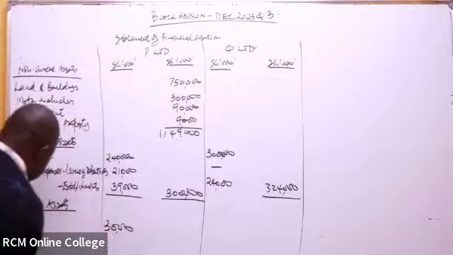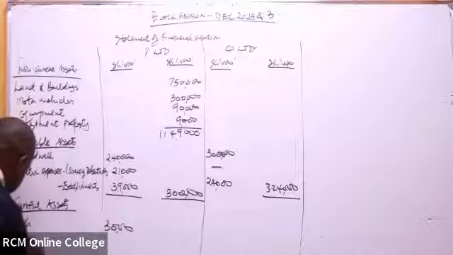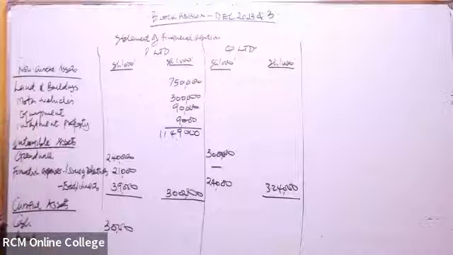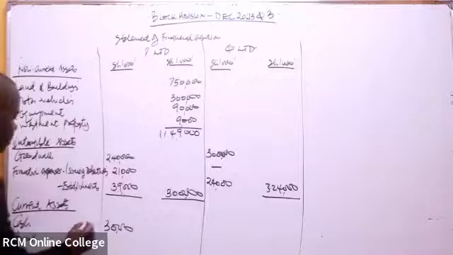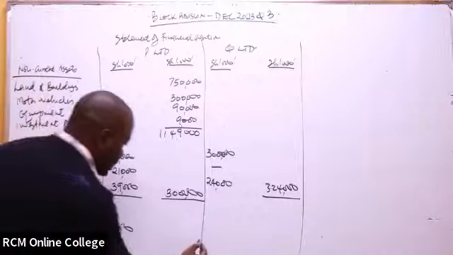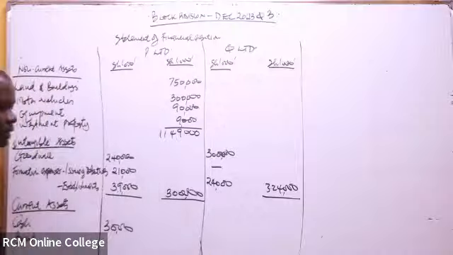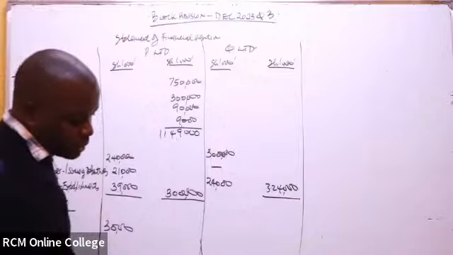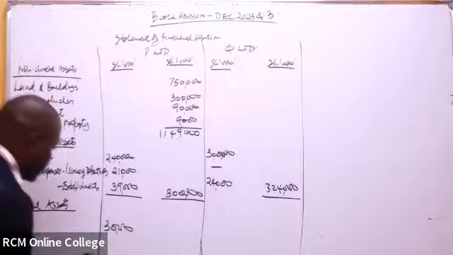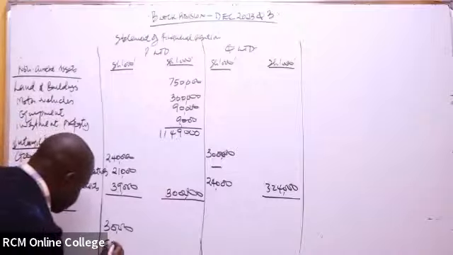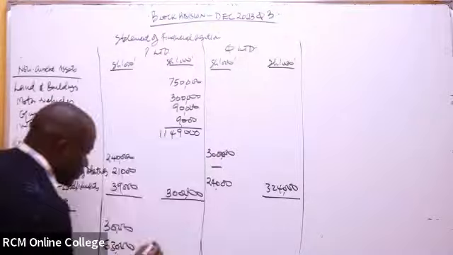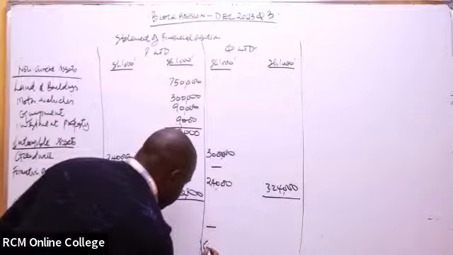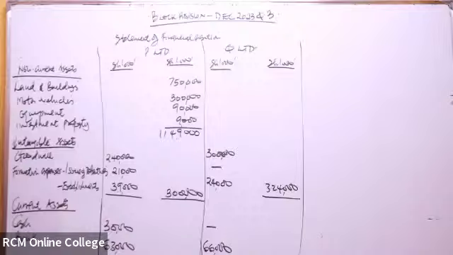Then we have in this case bank. Bank now is the balancing figure you've been able to get in the bank account. You've actually been able to prepare it, so just bring them here. I think we have a figure of 66 million, and of course 63 million.